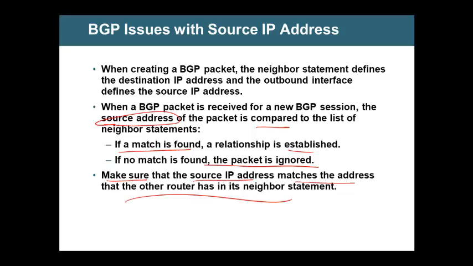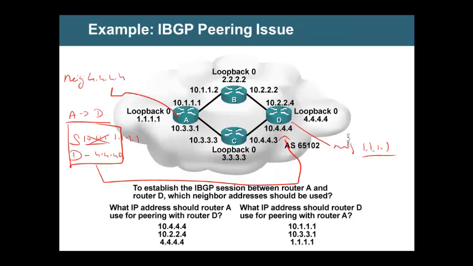So I have to somehow tell BGP not to use the outbound interface, but to use the loopback interface address. How can we say this? This is how you say this. Read these lines. I'll give you 2 minutes.